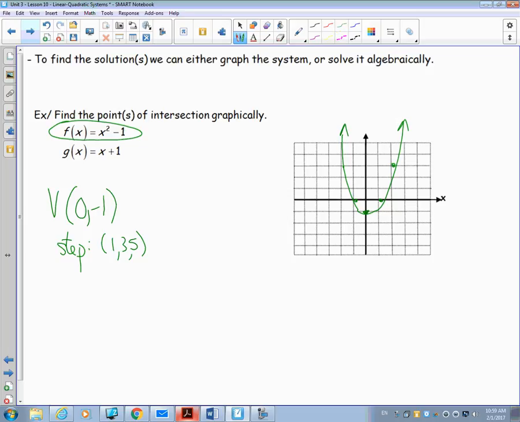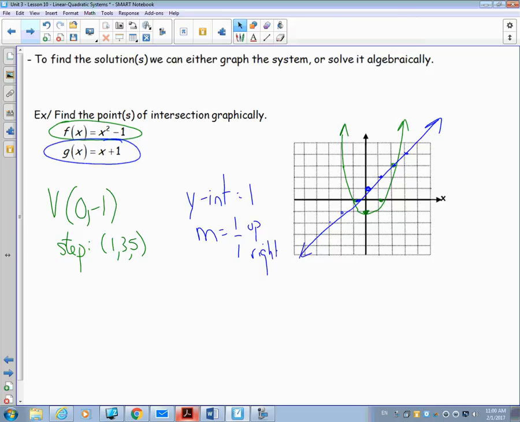The second equation is our line. That line has a y-intercept of 1. And it has a slope of 1 over 1. So up and to the right. So if we graph that, and graph that, we'll get our system.